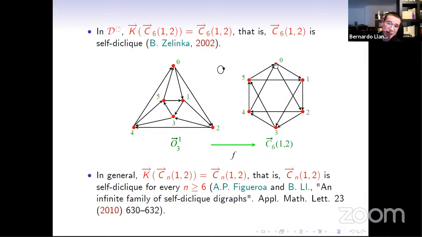Observe that this is circulant because if you put a pin here, then you can spin this graph, or this digraph, and every vertex is going to take the position of any other vertex, and this means that this digraph is transitive in the sense of the action of the isomorphisms.